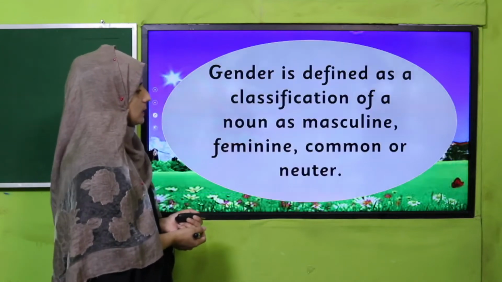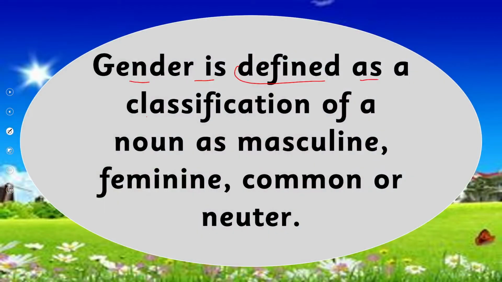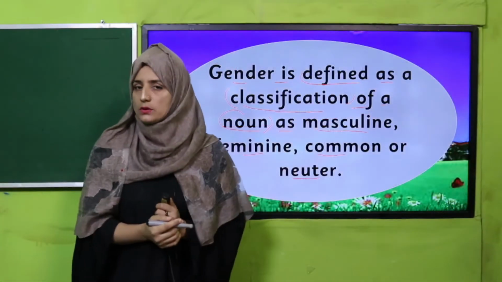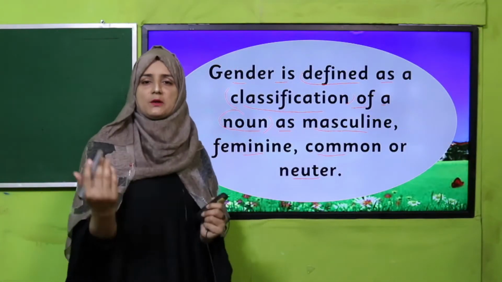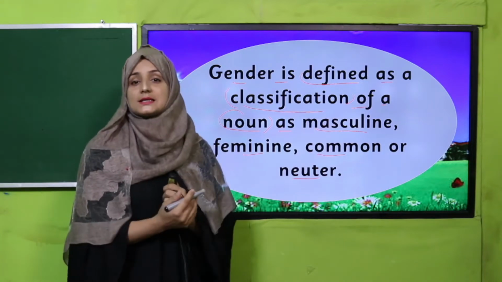So let's see what gender is. Gender is defined as a classification of a noun as masculine, feminine, common, or neuter. Do you know what a noun is? Yes, a noun is the naming of a person or thing, and everything around us is a noun.